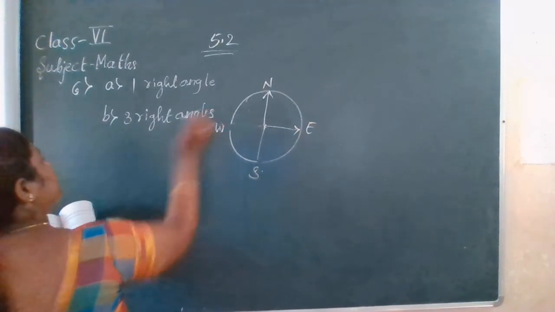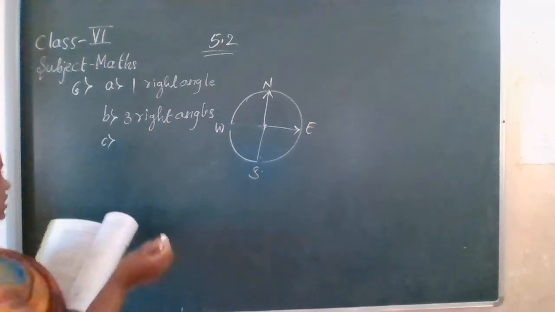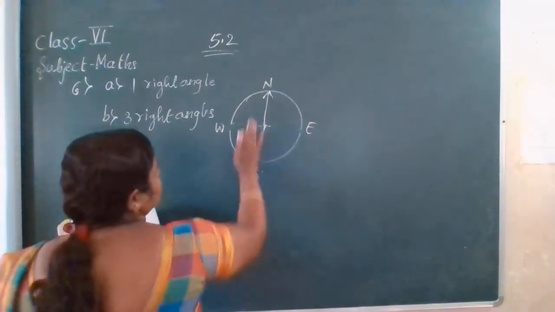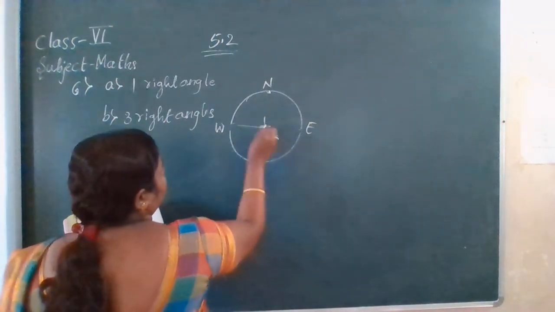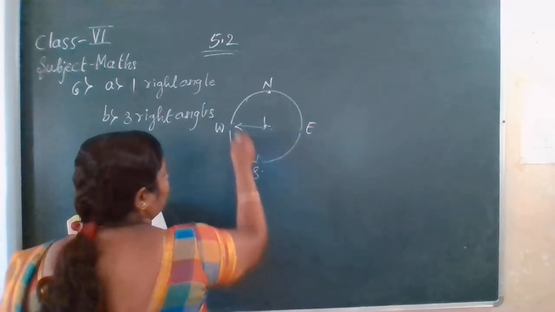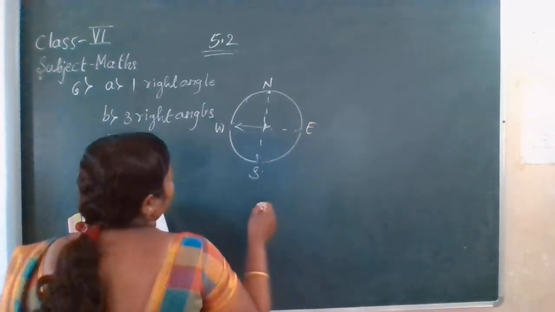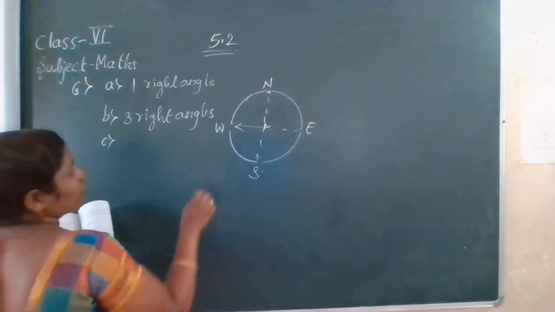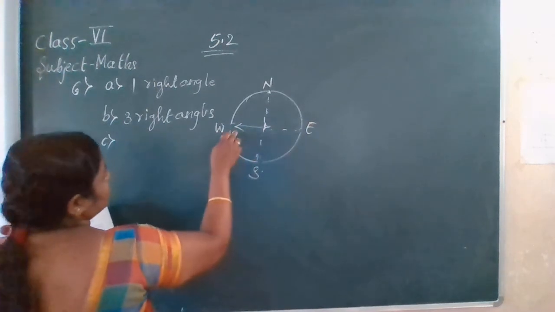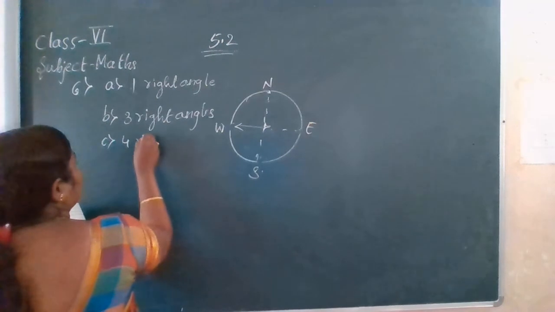C. West and turn to west. It was facing west. Turn again and come to west, whether you go anti-clockwise or clockwise, it takes one revolution. So there are four right angles.